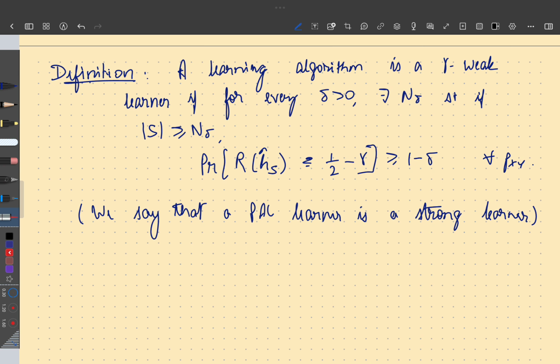There's some fixed gamma. It could be bounded away from half, but as long as gamma is positive, it could be 0.01, 0.001, that's okay. But I want to be able to drive this delta down to 0 as I let the number of samples tend to infinity. That's all.